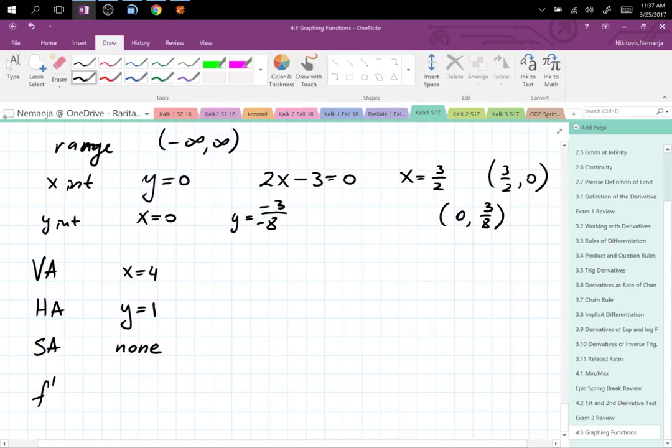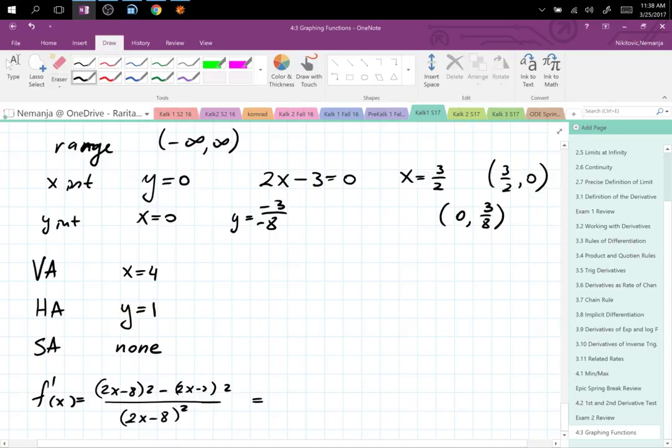Now we'll go with the first derivative. You can use logarithmic, or you can use your quotient rule. Let's use quotient rule because we can. It's not too crazy. So (2x minus 8) times 2 minus the top, so (2x minus 3) times 2.